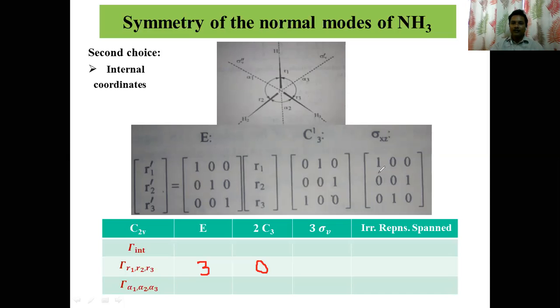So for R1 prime, it is going to be 1, 0, 0. Now for R2, it is going to be again, R2 goes to R3, so it's going to be 0, 0, 1. And R3 comes to R2, so this is going to be 0, 1, 0. So the character is going to be 1 plus 0 plus 0, so that is going to be 1.